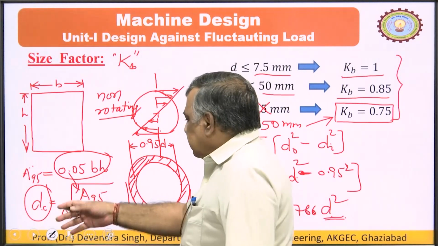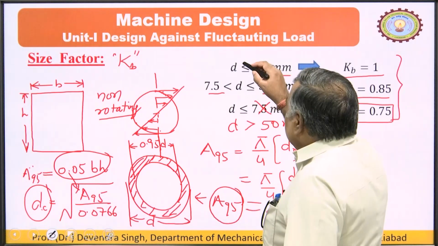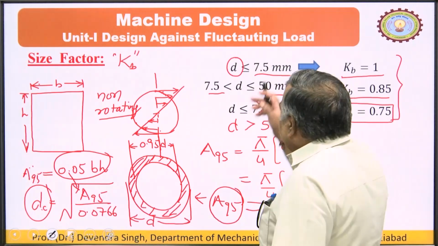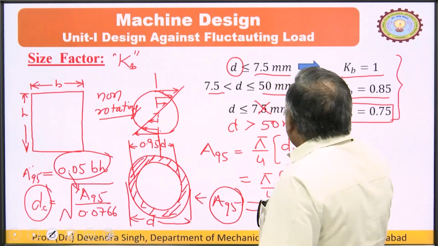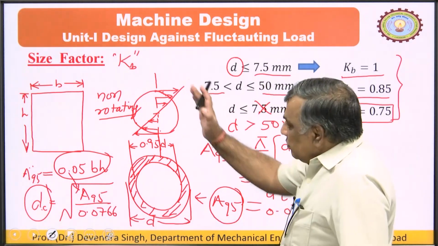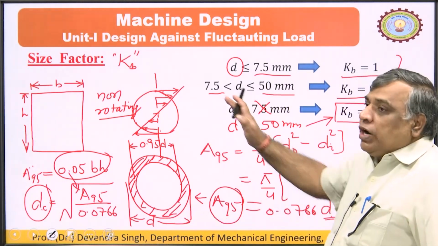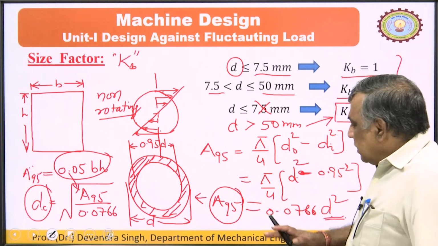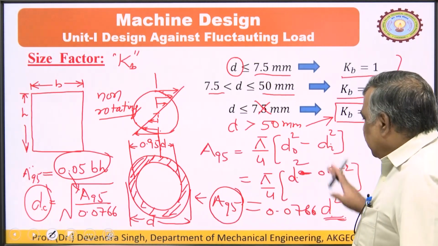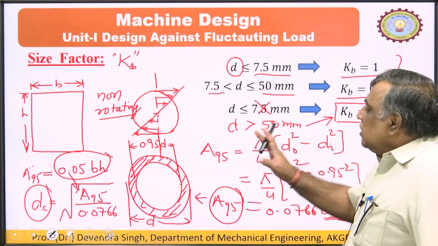This D, replaced by DC, we will use in this relation again to determine the KB.